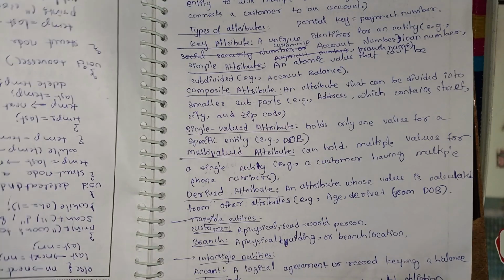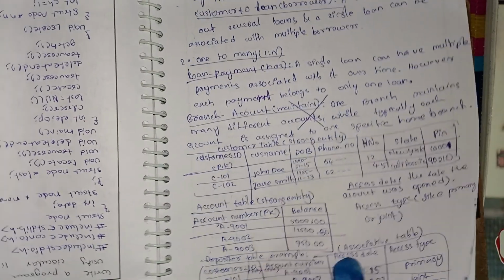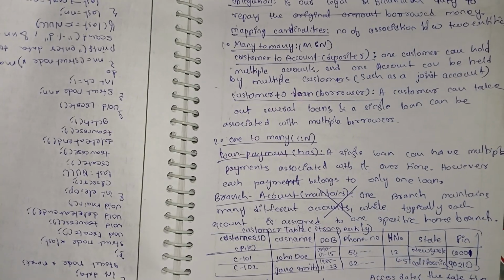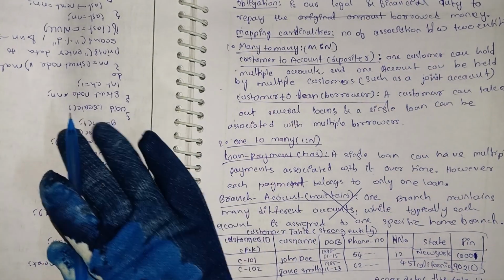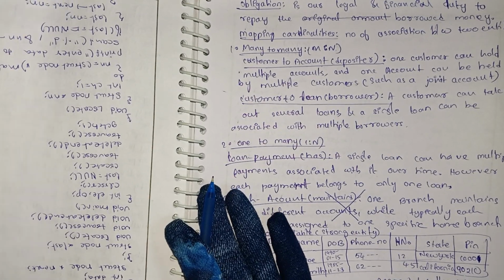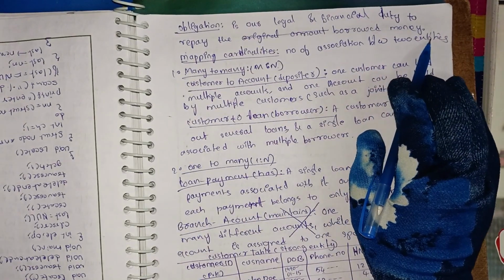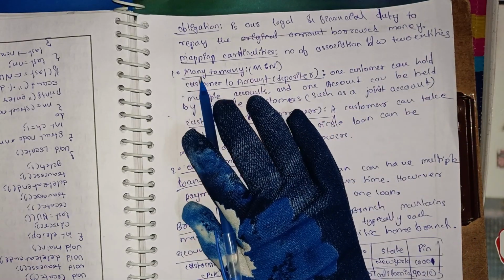And then we have mapping cardinalities, meaning relationships between entities, the number of associations between two entities in the diagram. First is many to many.